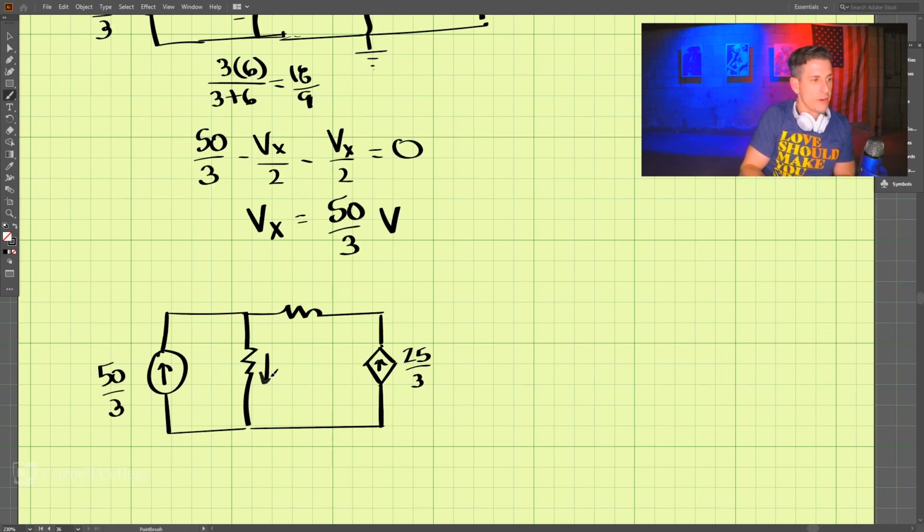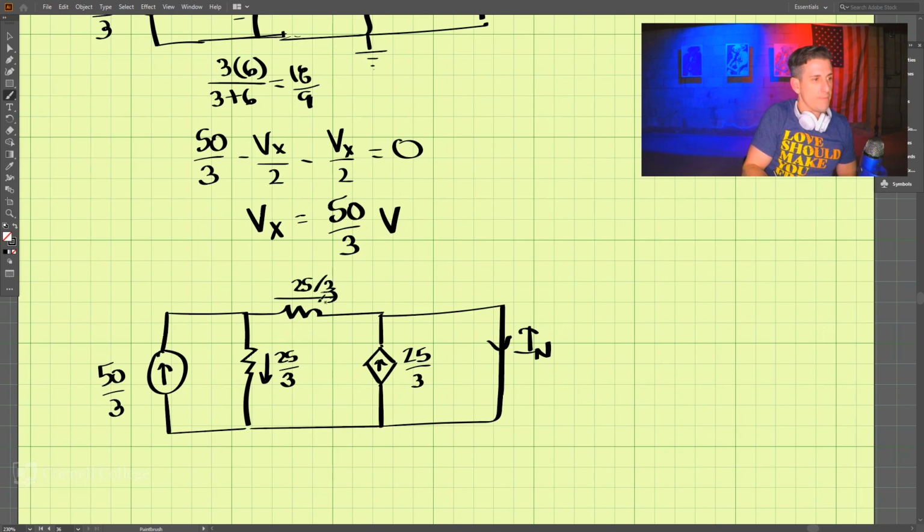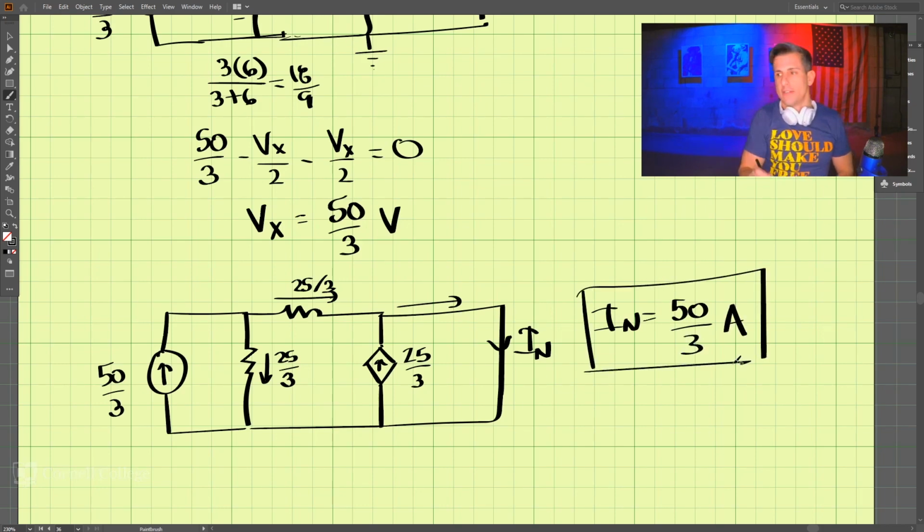And we know that this current is equal to Vx divided by 2. That's 25 divided by 3. And we have our short circuit over here, our Norton. And so this must be 25 divided by 3. And so coming this way, we have 25 divided by 3 plus 25 divided by 3. That means IN is equal to 50 divided by 3 amps. So that is our Norton current.